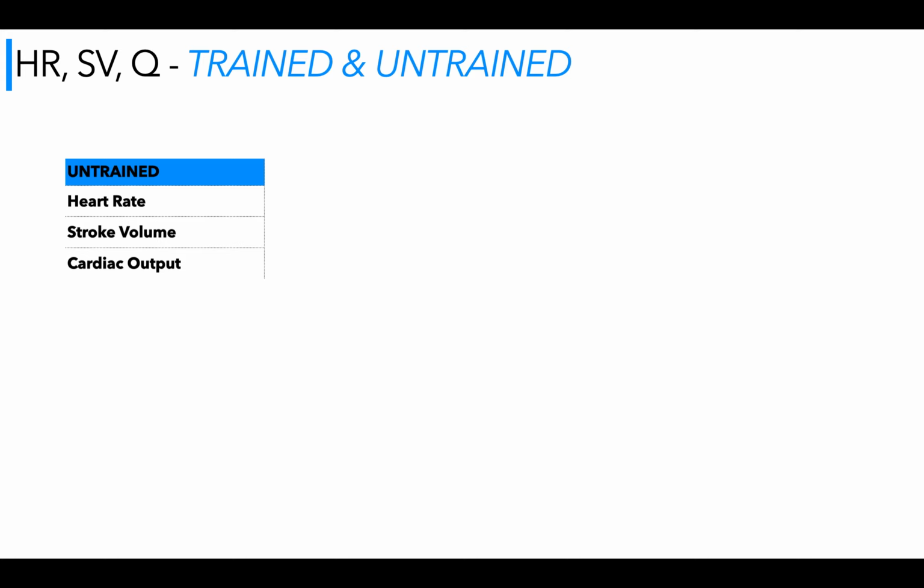Okay. So let's start with untrained performers. As we know, at rest: 70 to 72 beats per minute, 70 millilitres per beat of stroke volume, and 5 litres per minute of cardiac output.